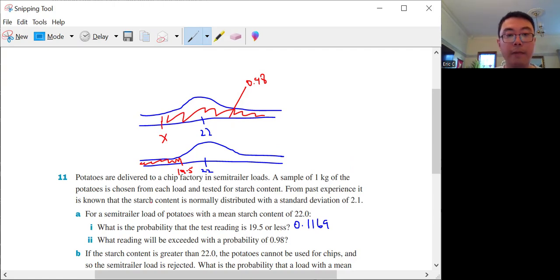And that's what we can do on the CAS directly. We just need to find the inverse normal, and then we can find our x value. So all we're doing is we go to interactive distribution, and then we go to inverse, and then we go to the inverse norm CDF, the first selection there.